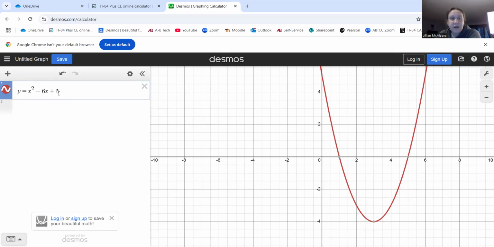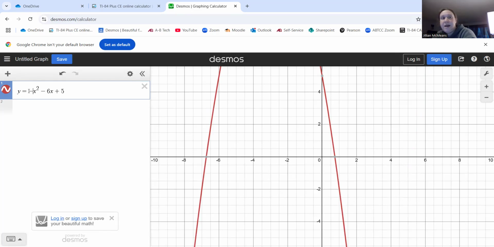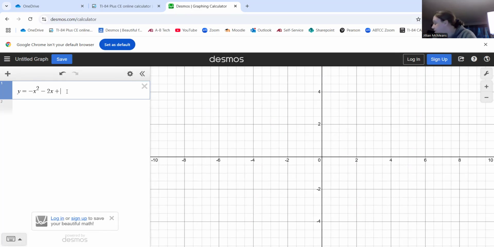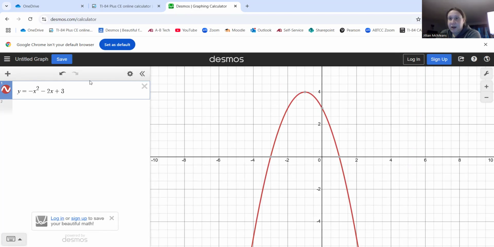Okay, now the second equation that we had was y equals -x squared minus 2x plus 3. Notice for this one, we pointed out the fact that a was less than 0, so a was negative, and we found that this was going to open down, and it does.